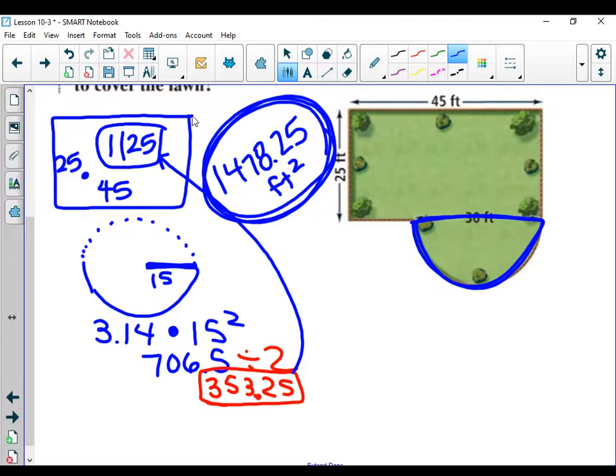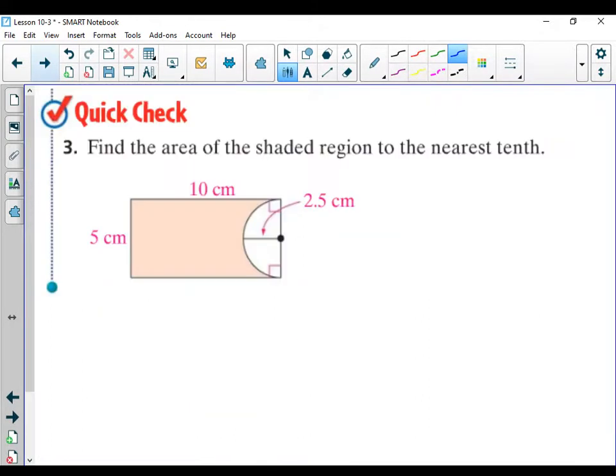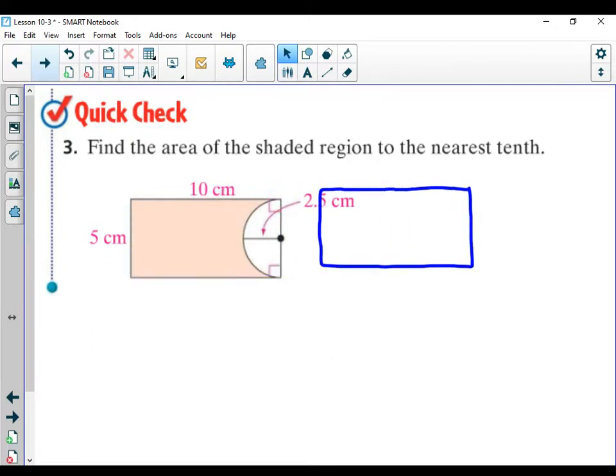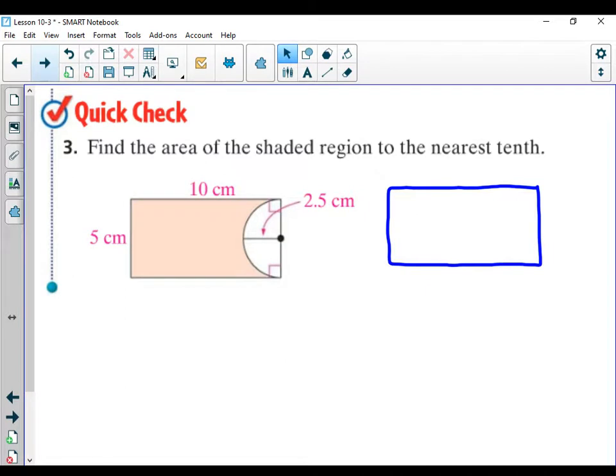Second box. Kind of looks like a basketball court to me. Does it to you? So if I just look at the rectangle part of the gym, what do I know about the rectangle part of the gym, Bryn?